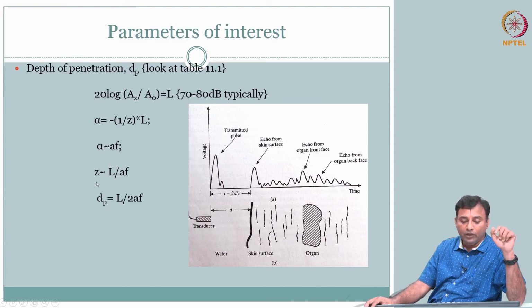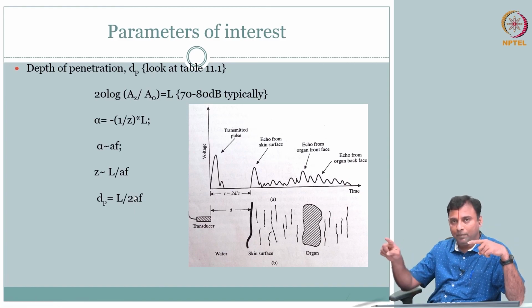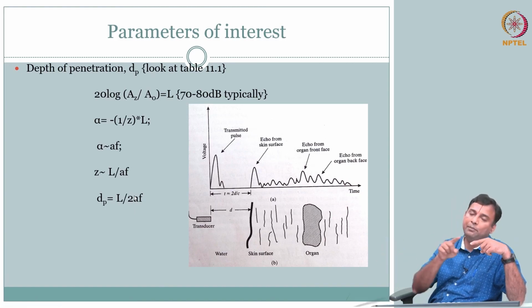However, your Z is fine, but your depth of penetration, when we want to calculate, you have to take for the transit time, right? We talked about this time of flight calculation, your range equation. So your depth of penetration is L by 2 AF, because attenuation happens going one time and then coming back.